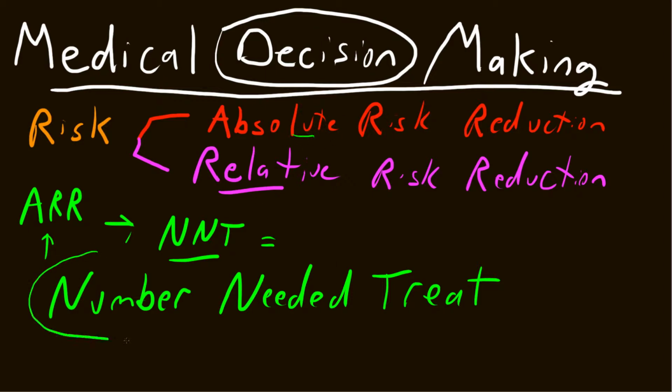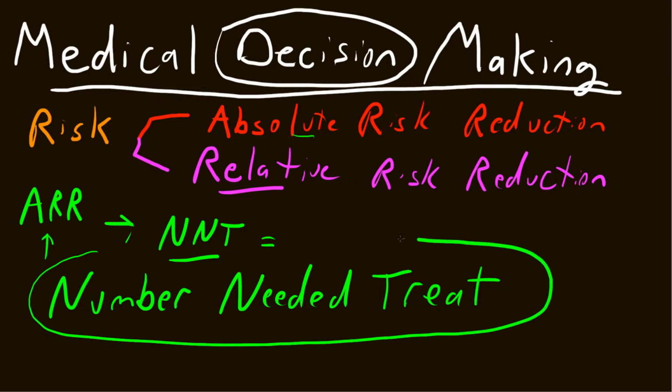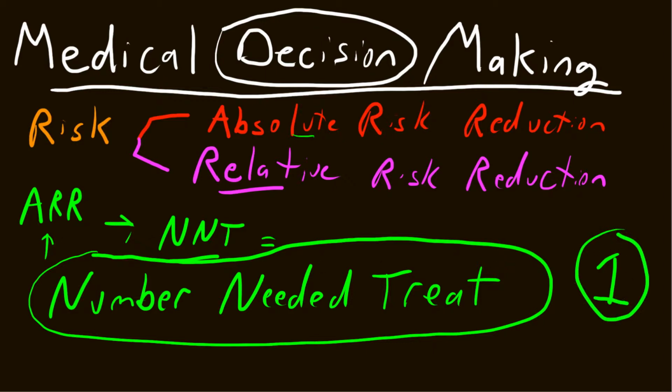The number needed to treat, simply stated, is the number of patients that need to take one drug or have one intervention to help one patient.